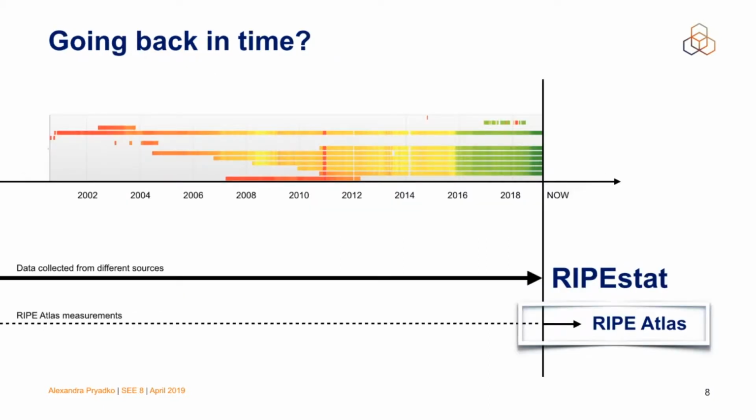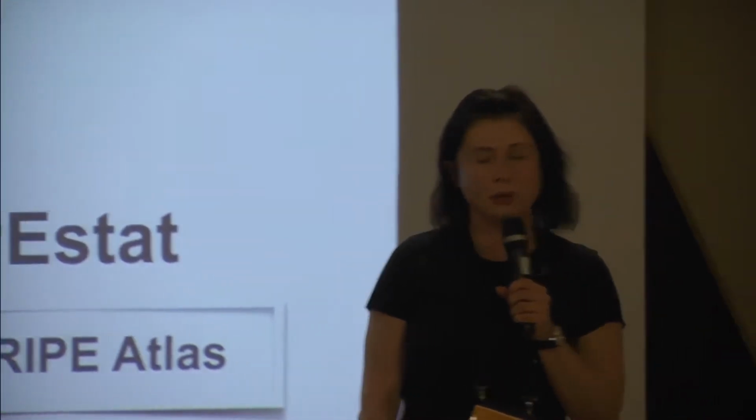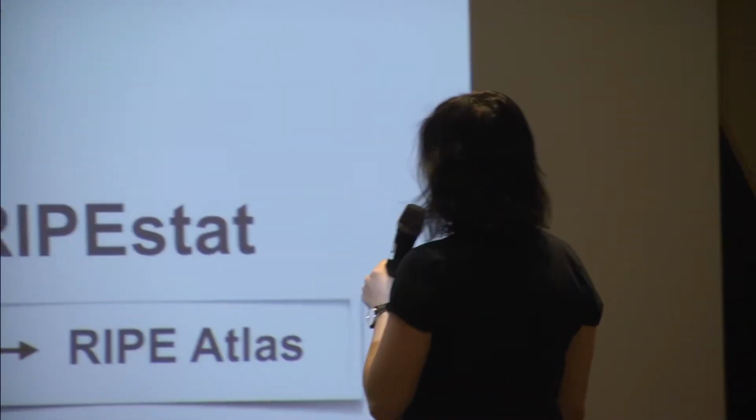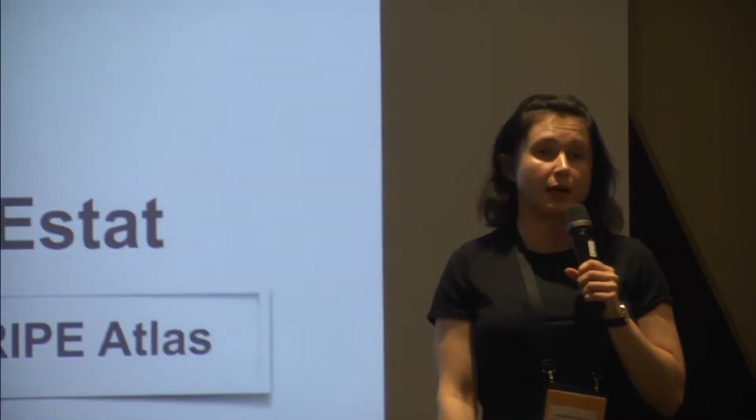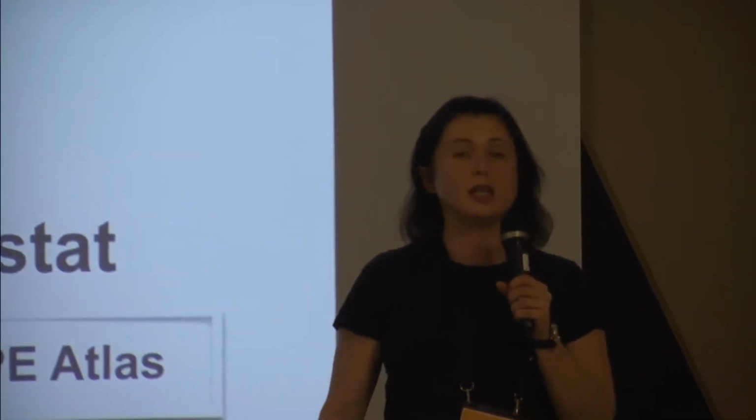So in RIPE NCC, we have two big projects. One is called RIPE Stat, and the second one is RIPE Atlas. We've been collecting information about BGP announcements for more than 15 years already. And we have more than 20 collectors installed at many exchange points all over the internet.